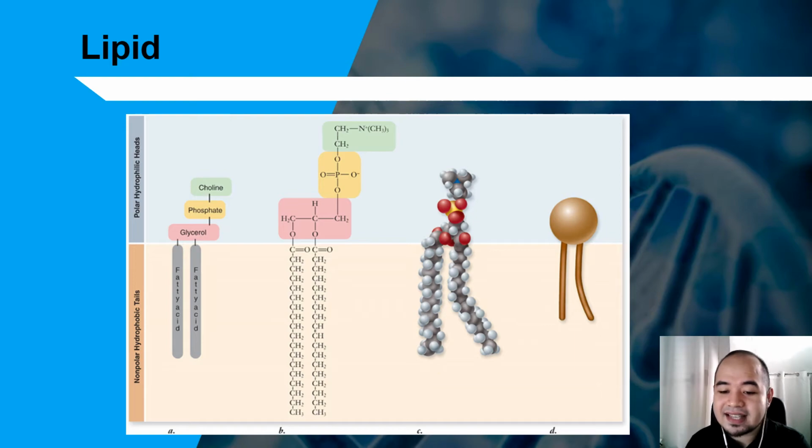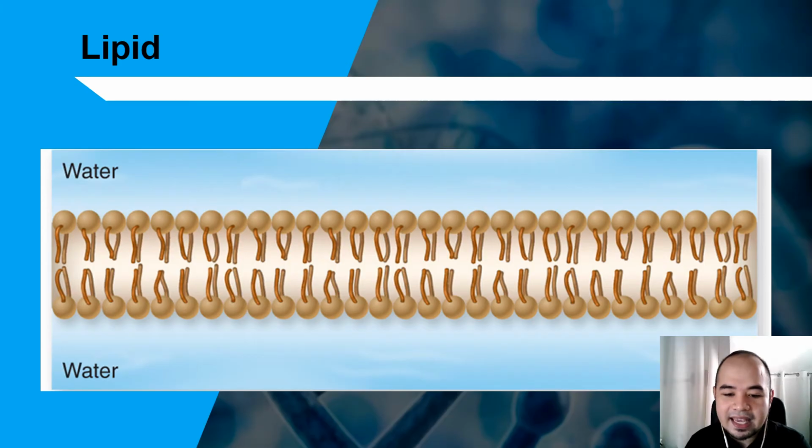So that bend is actually the kink, and that is the unsaturated fatty acid. And if you're going to combine those cute things there, so you will now have a phospholipid, how many layers? 2, bilayer. So this is now the phospholipid bilayer.